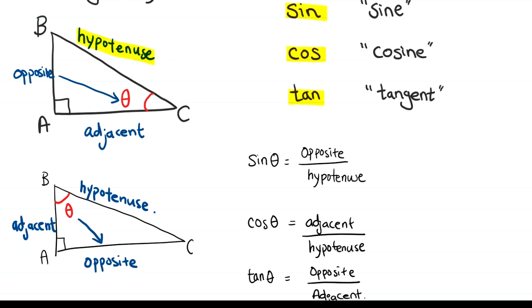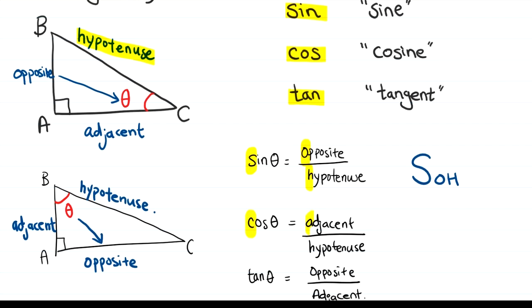Okay, so it looks very complicated to remember, but I'll show you how to quickly memorize these three basic trigonometry ratios so you can apply them to the problems. We remember by using just the first letters. Sine is opposite over hypotenuse.